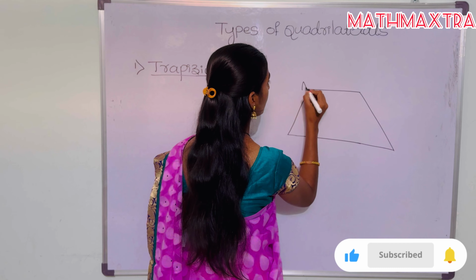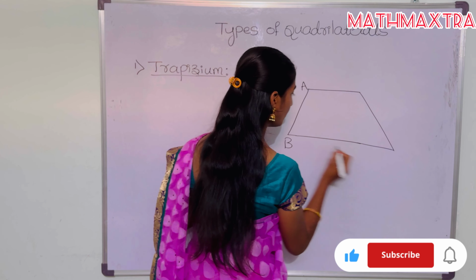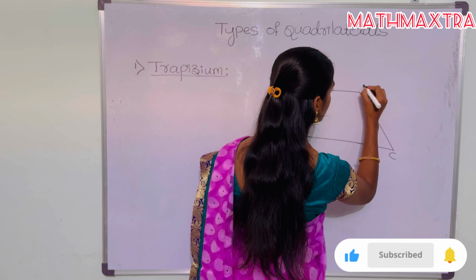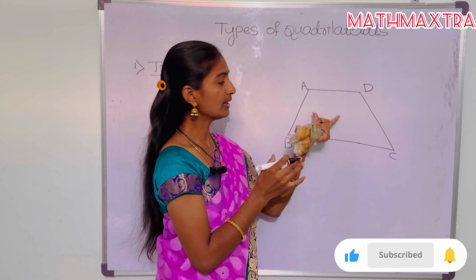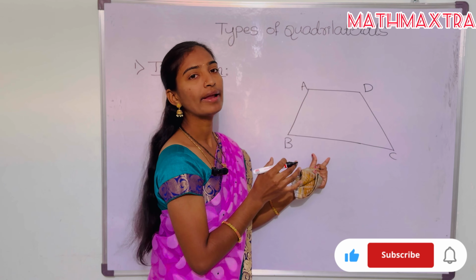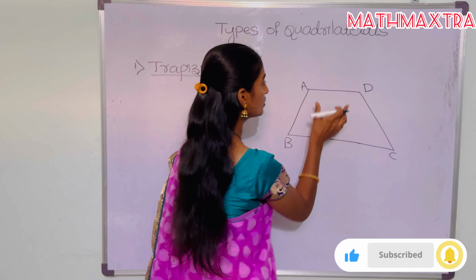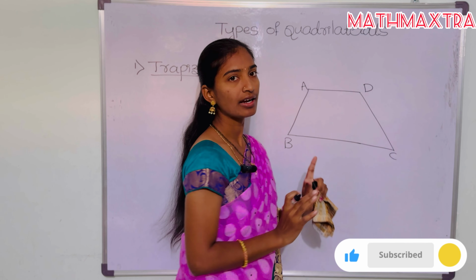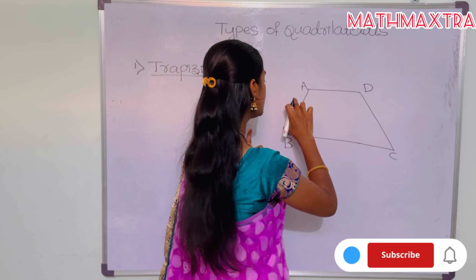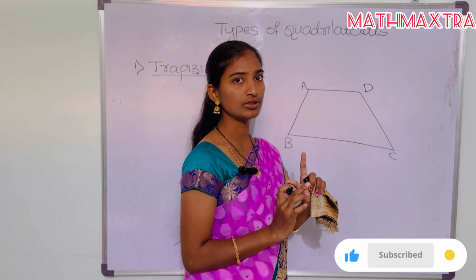So this is a quadrilateral ABCD. First of all, this is a quadrilateral. Then, in which one pair of opposite sides. AD and BC are opposite sides, right? As well as AB and CD are opposite sides.